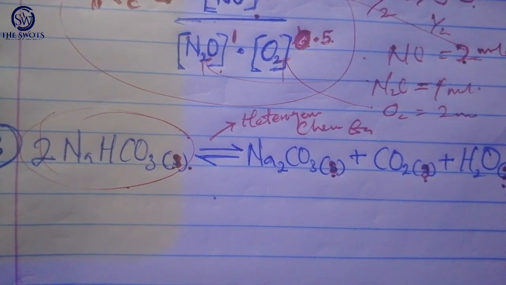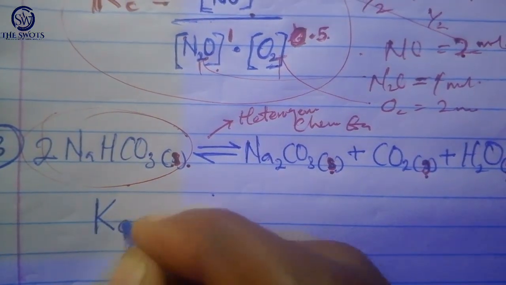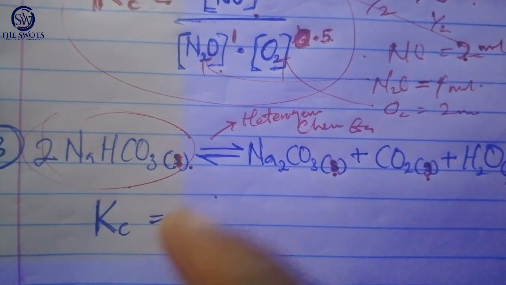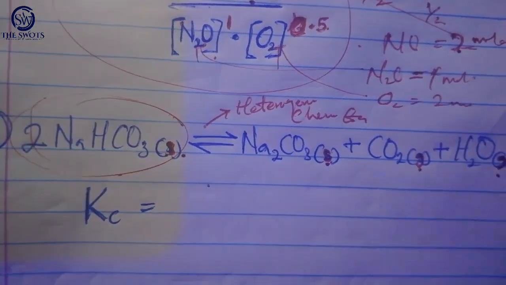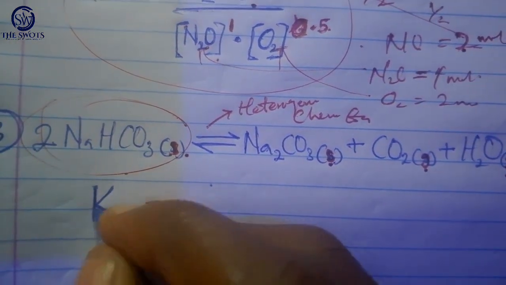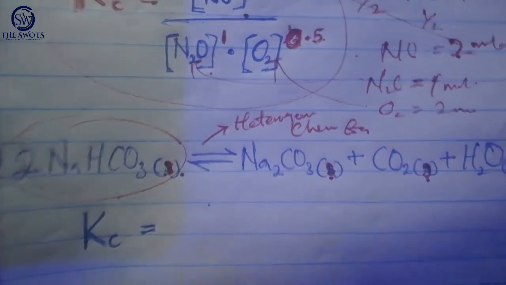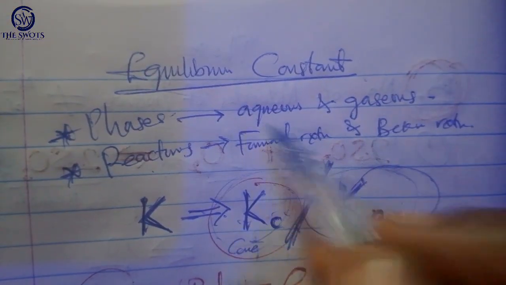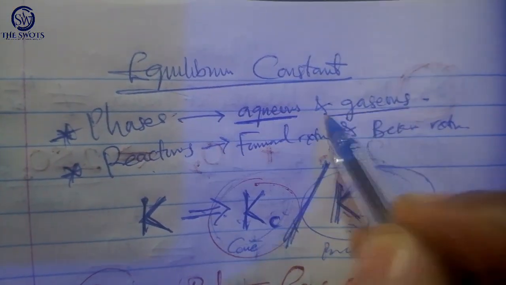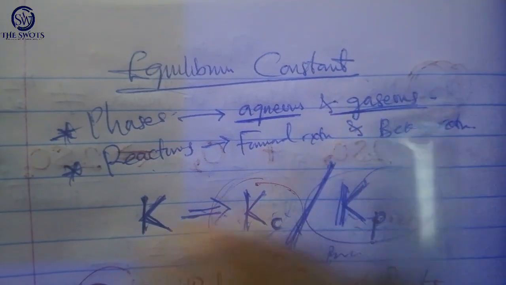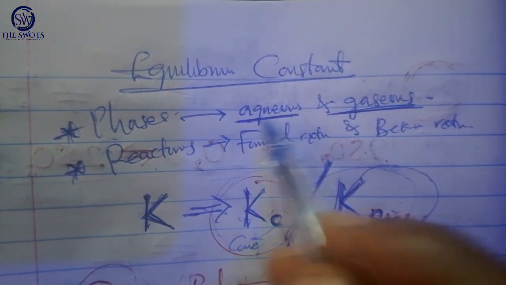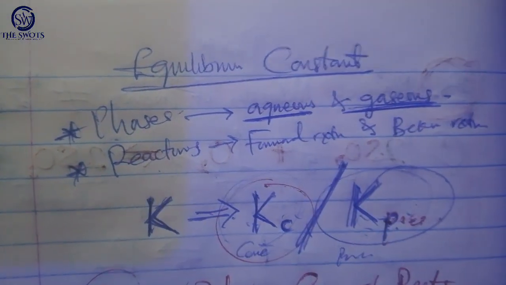So to write this Kc here now, please take note. Don't forget what I explained earlier, that the equilibrium constant talks about the aqueous form and the gaseous form. These two phases are the two important phases that you should take note of.